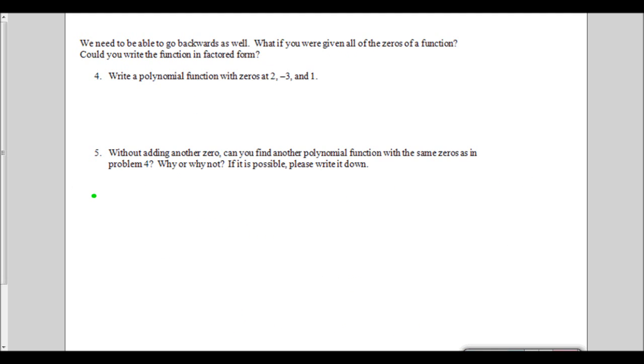We need you to be able to go backwards as well. So what if you were given all of the zeros of the function? Could you write the function in factored form? Sure. If my 0 was x equals 2, then my factor is x minus 2. If my 0 is x equals -3, then my factor would be x plus 3.